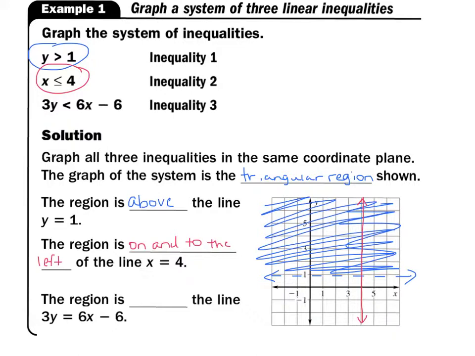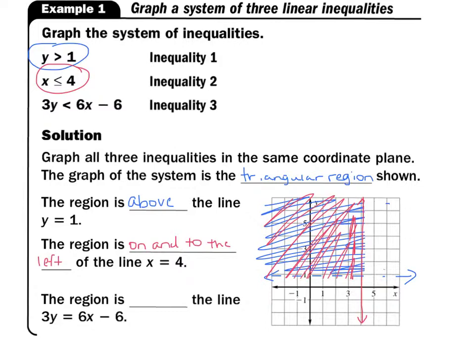So we're going to shade this area. Now, I'm going to erase what has not overlapped thus far. These two areas have no overlapping. So far, what's left could be part of our answer.